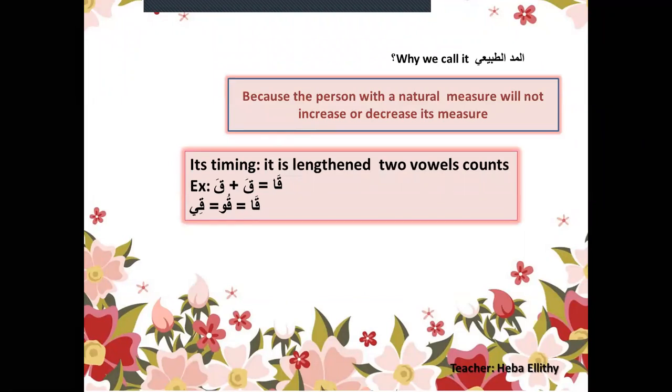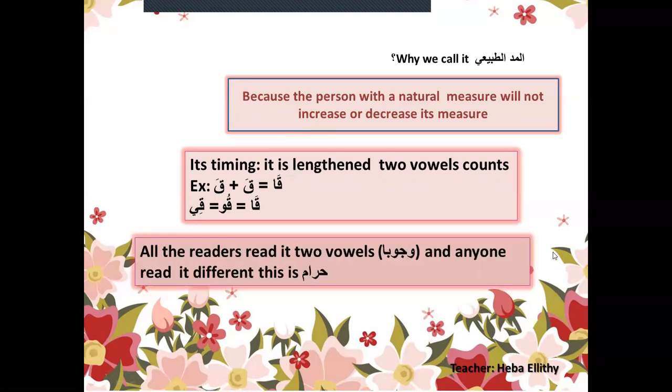Or با, با, or بي, بو. Any 2 letters with حركة. 2 beats. So my length for the المد الطبيعي is 2 beats, meaning 2 letters, both of them with حركة.